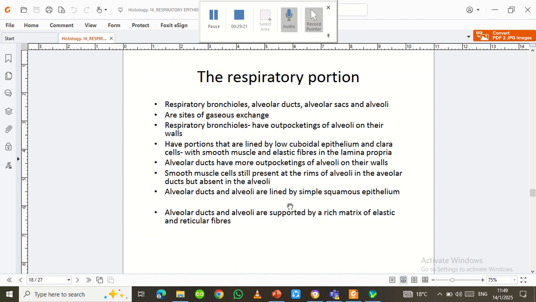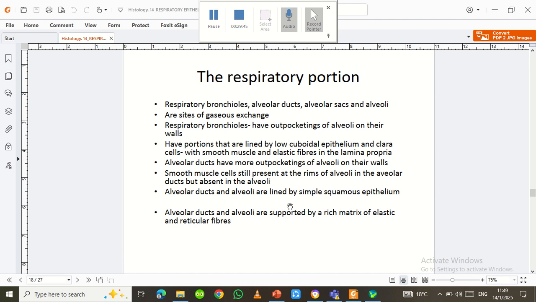The respiratory bronchi are going to give rise to the alveolar duct, the alveolar duct into alveolar sacs, and alveolar sacs into alveoli. This is where we have the respiratory portion, where gas exchange starts.